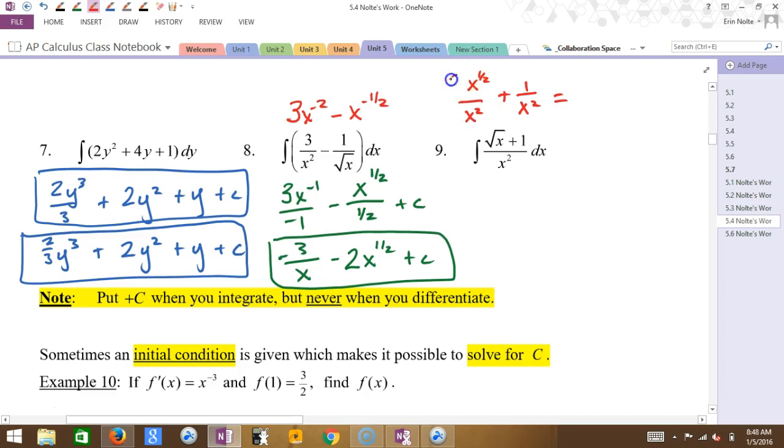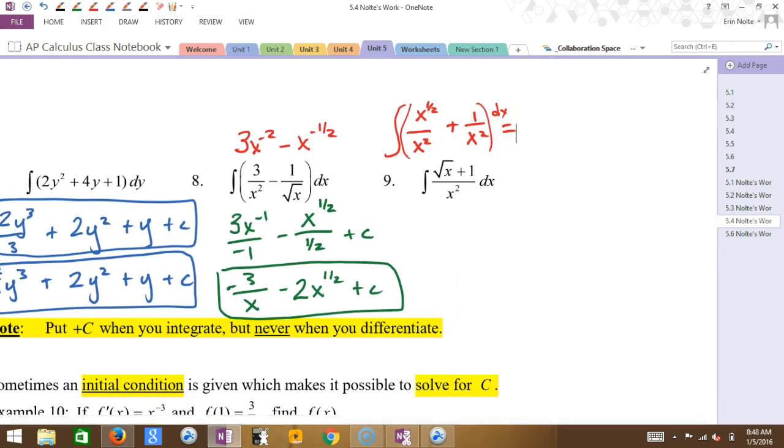Okay, actually I should write this as the integral dx if I wanted to be really good with my notation. Okay, now what do I do on that first term? If I have x to the 1/2 over x squared, what do I do with the exponents? Subtract them. So what's 1/2 minus 2? Okay, so I'm going to keep that as negative 3/2.